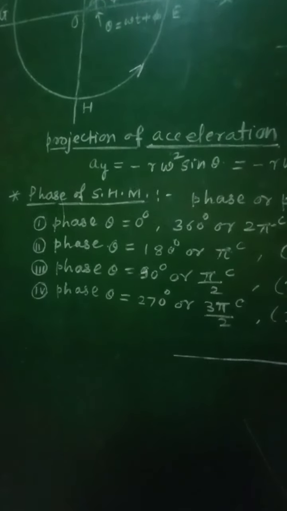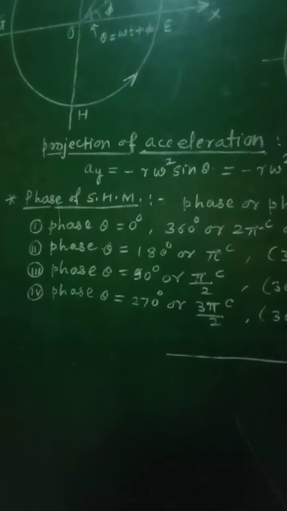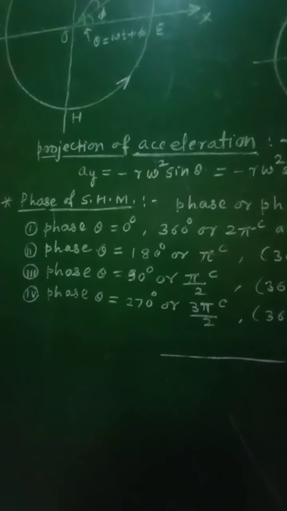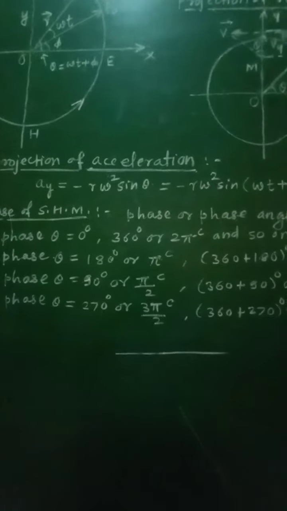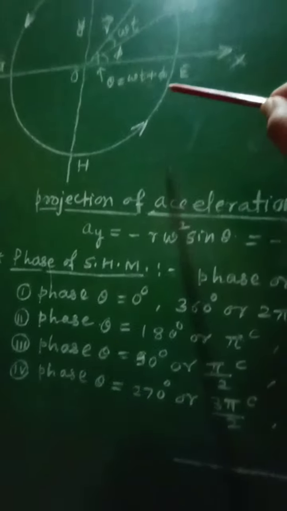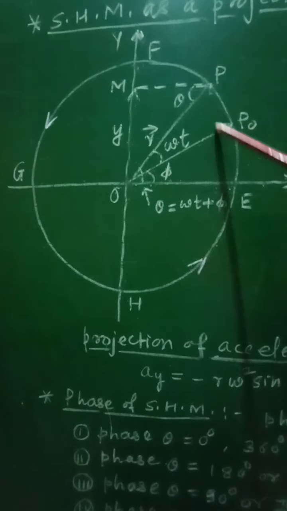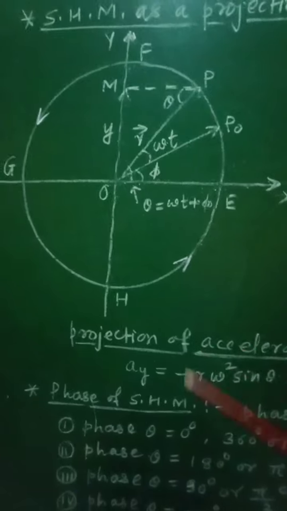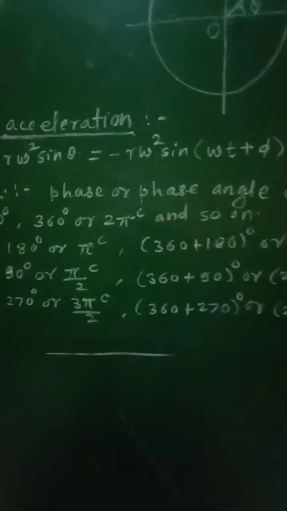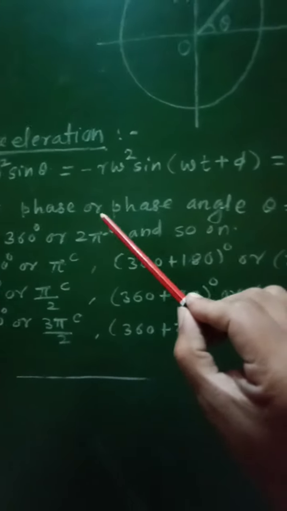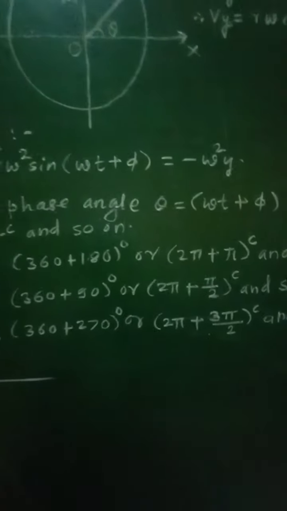So this angle theta equal to omega t plus phi continuously changes depending upon the position of the particle along the circumference, and therefore that angle is called the phase or phase angle, theta equal to omega t plus phi.